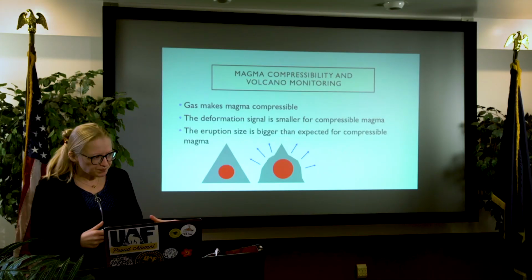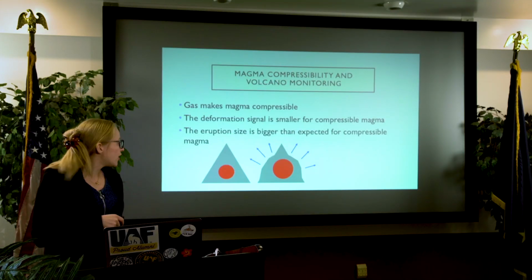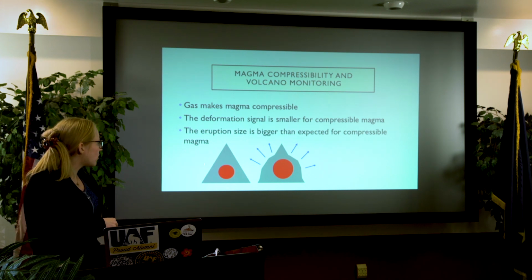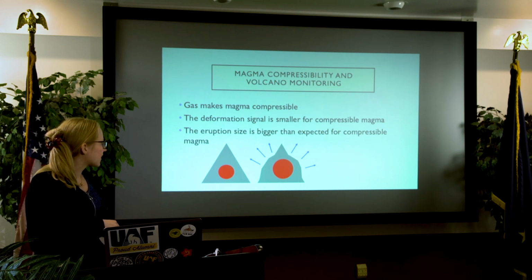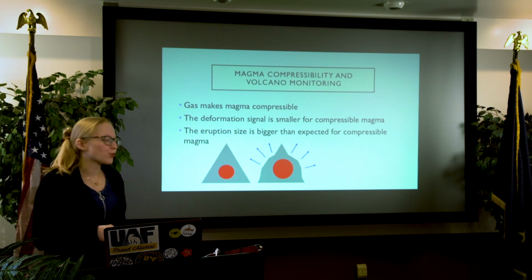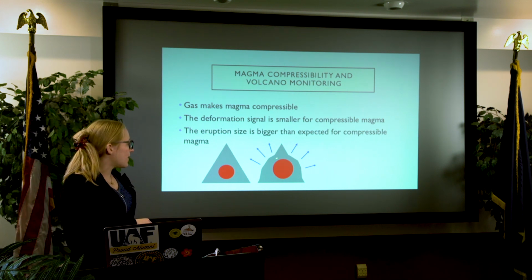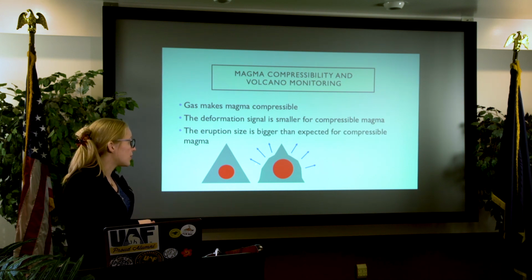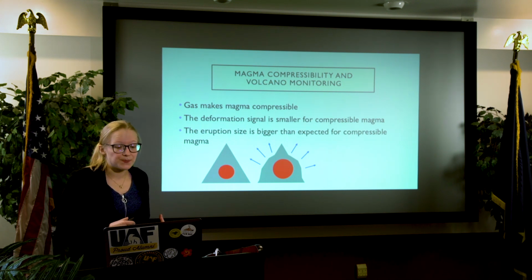For example, we use GPS data and monitor how the edifice of a volcano looks. So here you have a volcano at rest with a small magma chamber in the middle. Now before a volcano erupts, more magma goes into the magma chamber and the edifice of the volcano literally balloons up. So we can measure with GPS data how big the volcano expands.